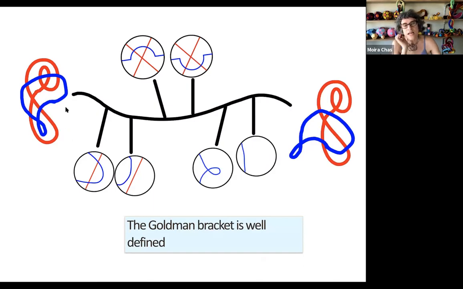And what do I mean by nice? I'm moving both curves simultaneously through the homotopy, and there will be a few spots, more than 6. These are just the 3 types of spots where there's no change in the two curves, except on a disk on the surface.